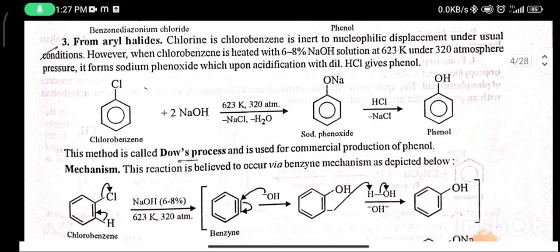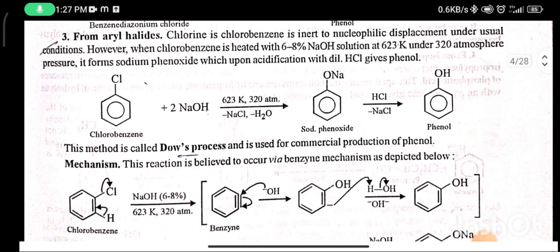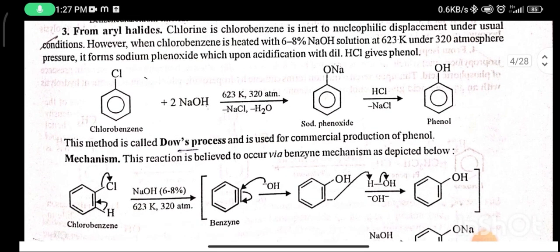From aryl halides. Chlorine in chlorobenzene is inert to nucleophilic displacement under usual conditions. However, when chlorobenzene is heated with 6 to 8% NaOH solution at 623 Kelvin under 320 atmosphere pressure, it forms sodium phenoxide, which upon acidification with dilute HCl gives phenol.